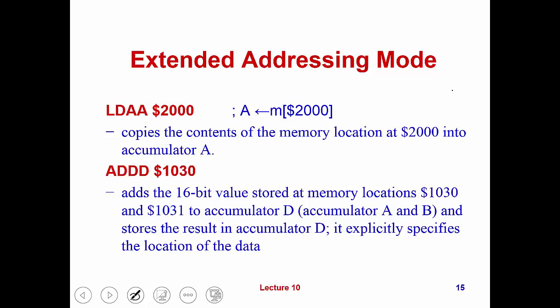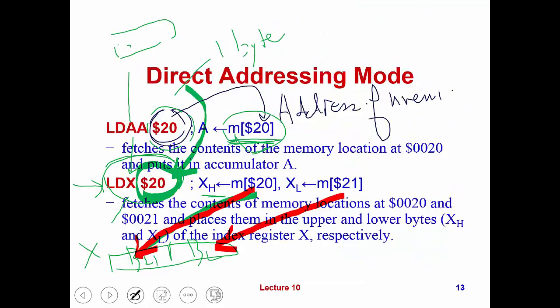So this is very similar to the direct mode. The only difference is what? The address. But the data value loaded is still the same as in the direct address mode, because that's memory. The same example is very similar to this one, LDA.